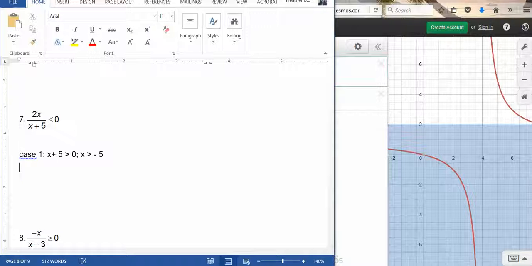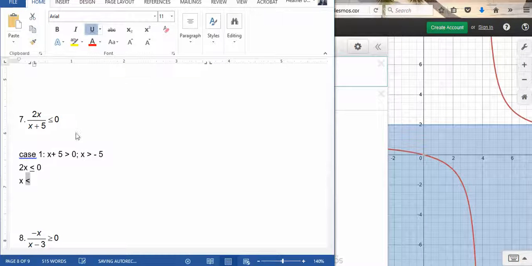When I multiply both sides by x plus 5, I get 2x is less than or equal to, well, 0 times x plus 5 is still 0. So I just get 2x is less than or equal to 0. And if I solve that, divide both sides by 2, I get that x is less than or equal to 0.